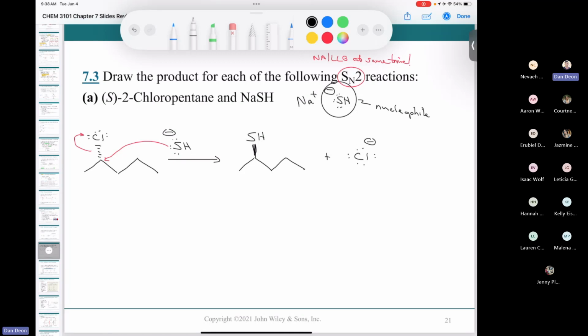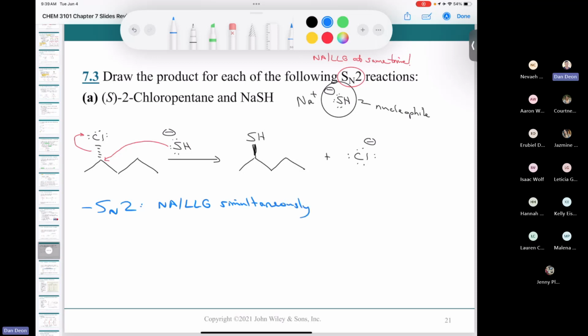And that we get the inversion of the stereocenter in an SN2. Okay, so in an SN2 reaction, we get nucleophilic attack and loss of leaving group simultaneously.